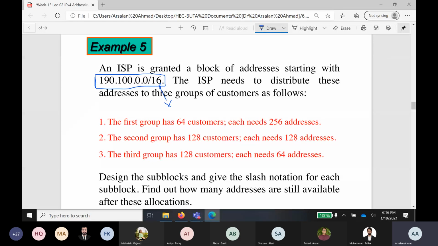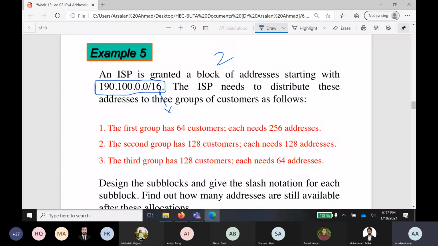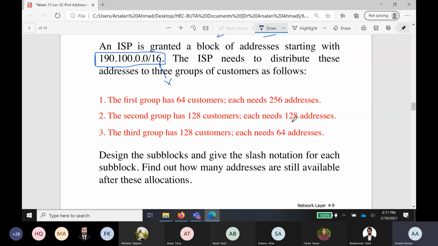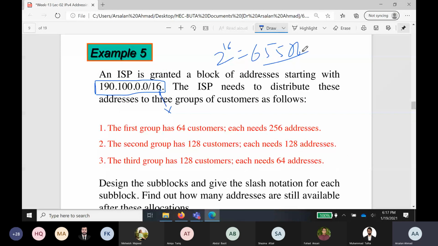So the total number of addresses is 2 raised to the power of the number of suffix bits, or the number of host ID bits, which is 16, and which means that our total is quite a lot, 65,536. This is the total number of addresses.